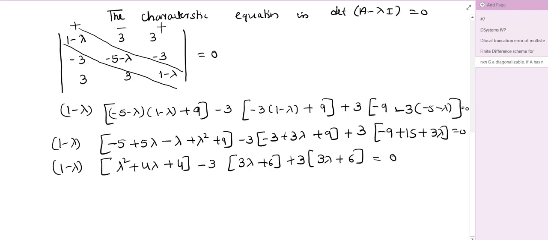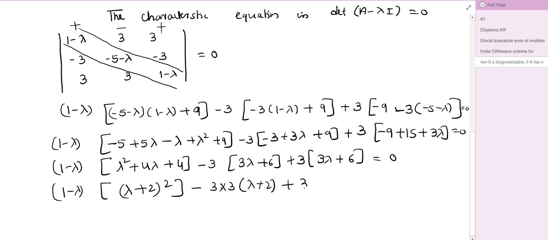And here you can take 1 minus lambda. This is in the form of a square plus 2ab plus b square, it is simply lambda plus 2 the whole square. Minus 3, if I take 3 out, it is into 3 lambda plus 2 here, plus 3.